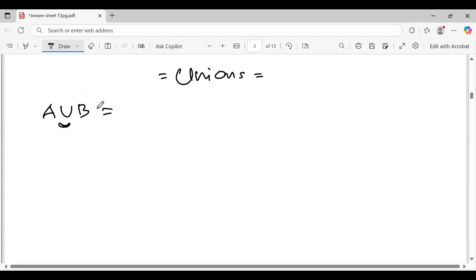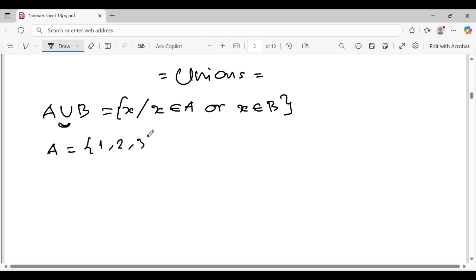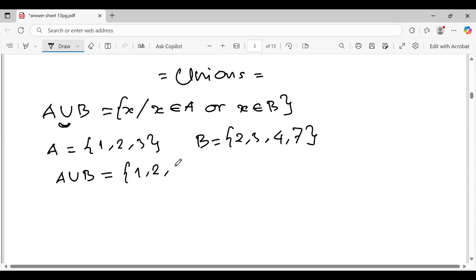The union of set A and set B is like this: X, which X is an element of A or X is an element of B. For example, if set A has elements 1, 2, 3, and set B has elements 2, 3, 4, and 7, we can state that A union B has elements 1, 2, 3, 4, and 7. So I mean, this is clear.